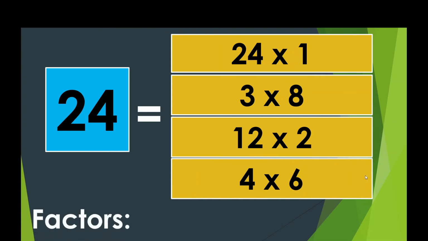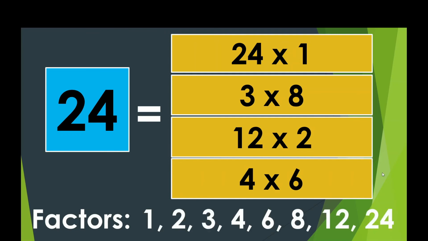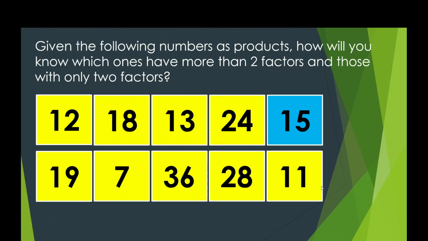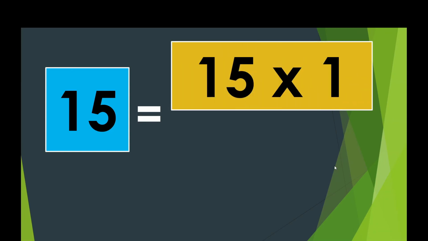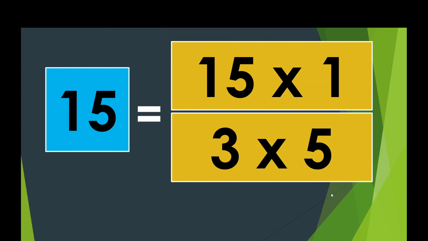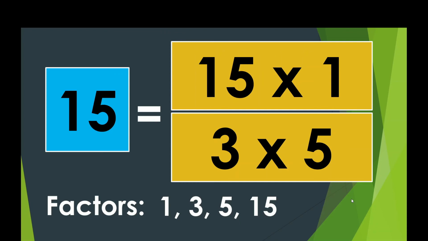And the factors of the product number 24 are 1, 2, 3, 4, 6, 8, 12, and 24. 15. The possible multiplication sentences for the product number 15 are 15 times 1 and 3 times 5. The factors of 15 are 1, 3, 5, and 15.